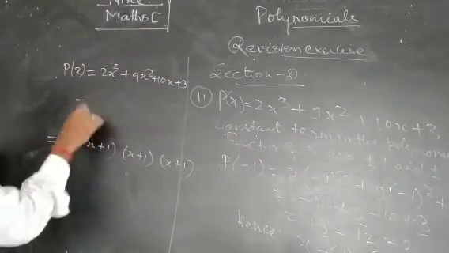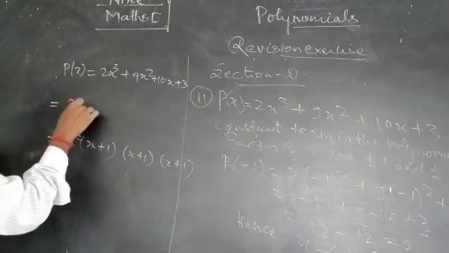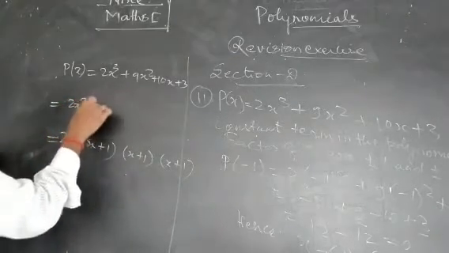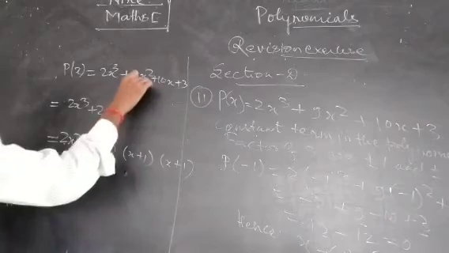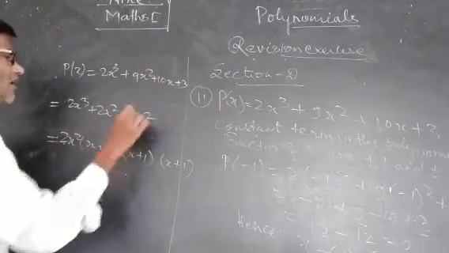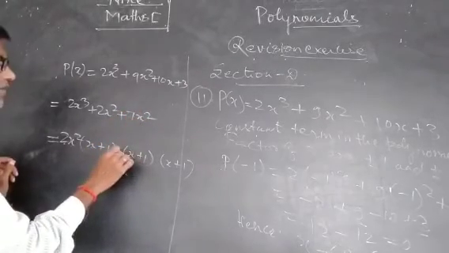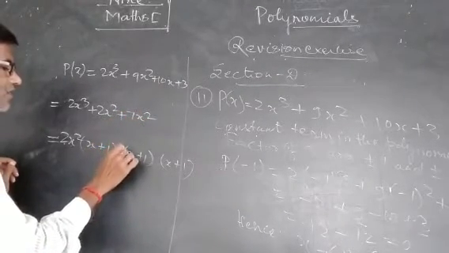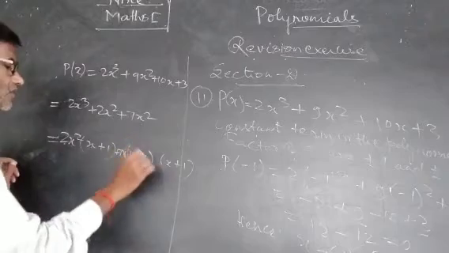Now 2x squared into x is 2x cubed, plus 2x squared into 1 gives 2x squared, but we have here 9x squared, so we need 7x squared. Now 7x squared divided by x gives 7x.